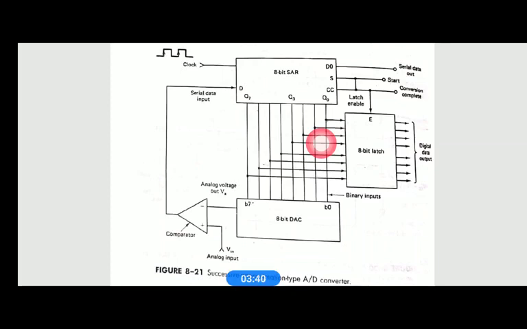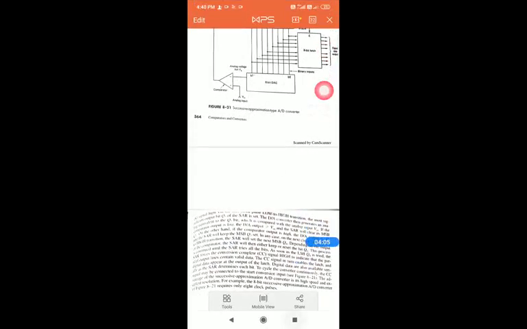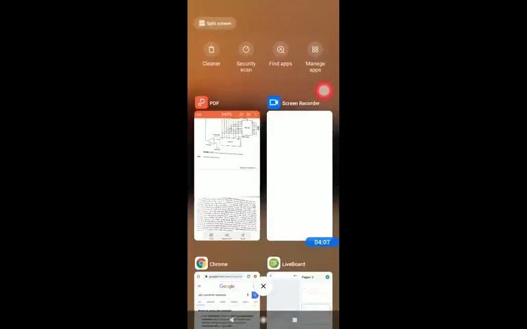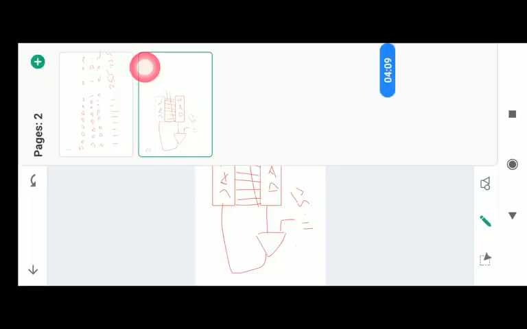So let's see how this SAR type A to D converter works with an example, so that we can easily understand the concept the A to D converter uses to convert from analog to digital. So we'll go here to our digital board.